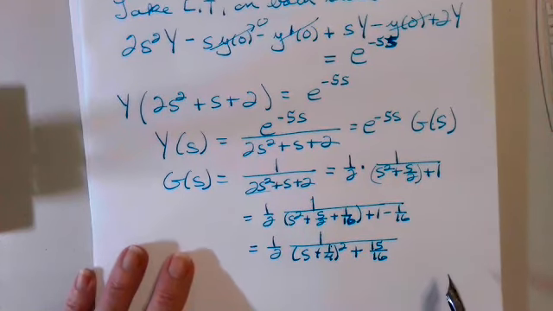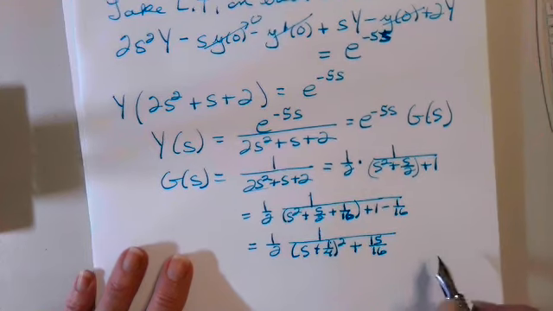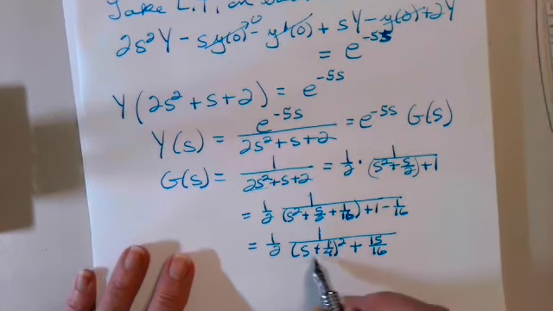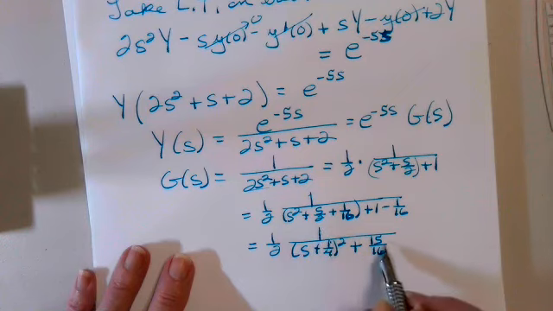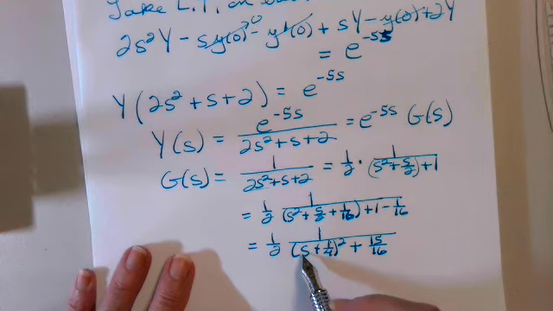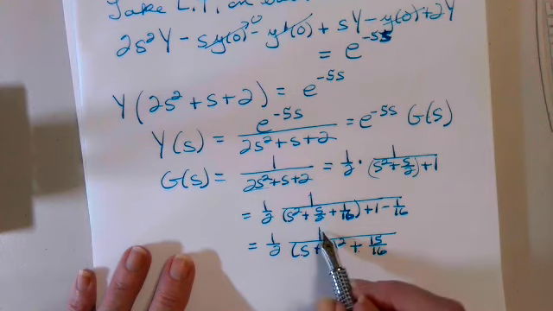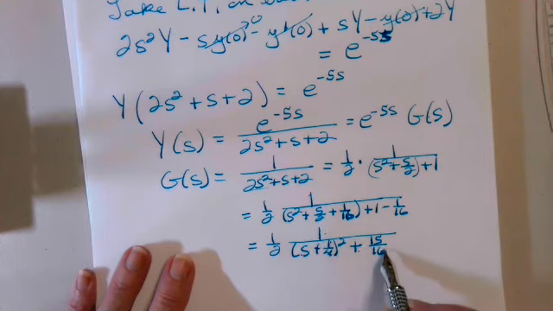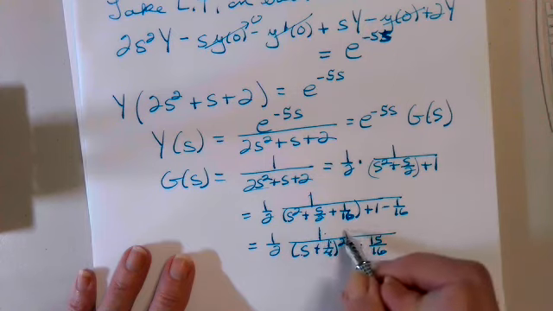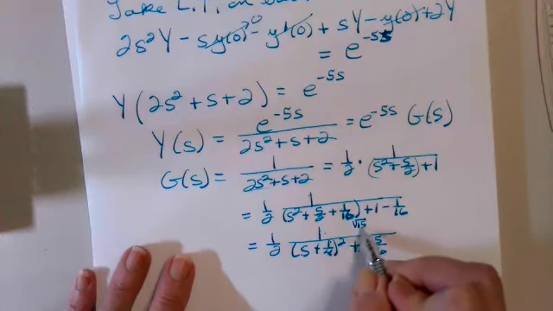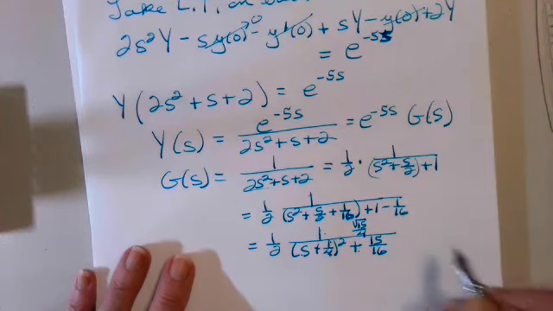Okay, and so now when I want to look that up on the chart, you think of this part as s minus a squared plus b squared. So I can't have a 1 up there. I need the square root of this, so I need the square root of 15 over 4 up top.